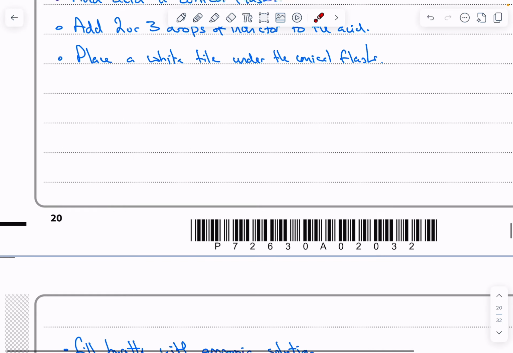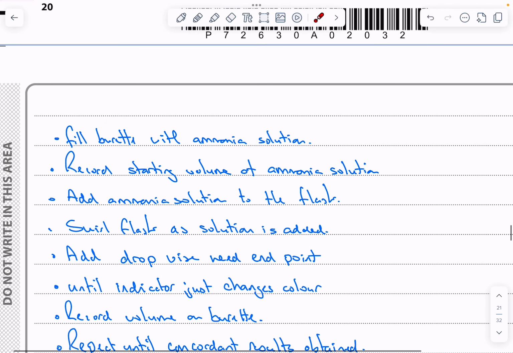Next, we've got to set up the burette. So what I'm going to do here is fill the burette with ammonia solution. You could even say they're using a filter funnel to get the solution in. We then need to record the starting volume of the ammonia solution. Then we add the solution to the flask, swirling the flask as we add it.